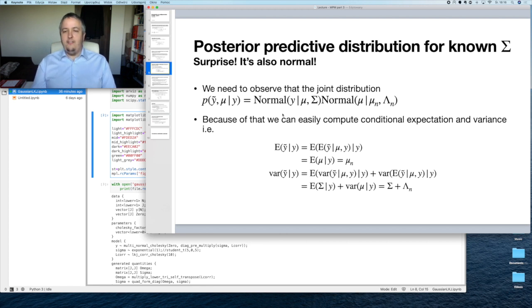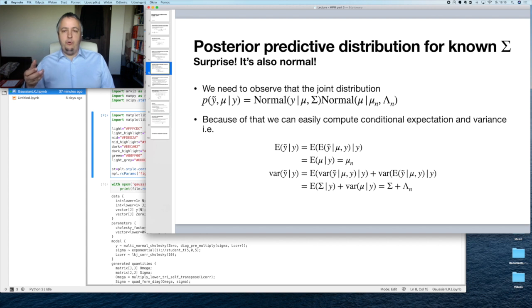So this is again a very convenient situation, because it is a product of two normal distributions: we are sampling from a likelihood conditional on mu and sigma, and we get a distribution on mu which is conditional on our mu n and lambda n, which we have computed earlier. So generally the case of known sigma is very easy.